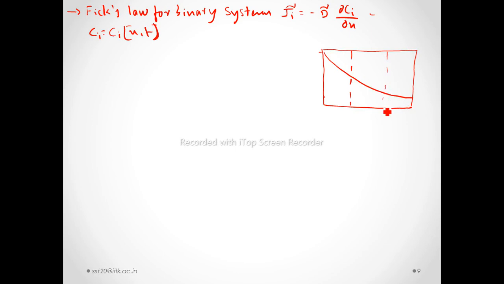Consider the two surfaces, that is surface 1 and surface 2, separated by dx.